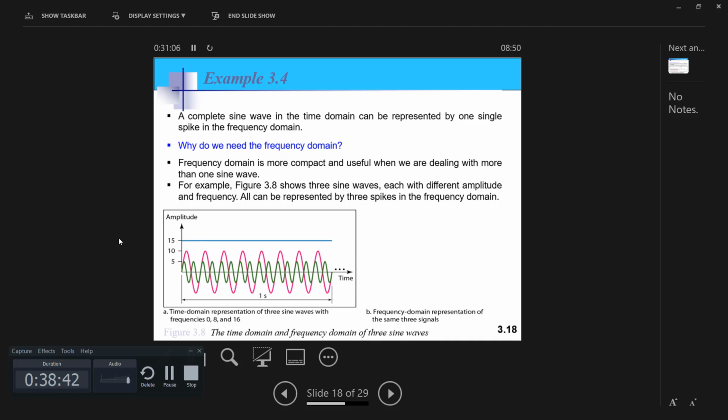exactly. No, it is below, here, 8 and 16. All this complicated figure will be represented by three values of frequency. We have 16 frequency with amplitude 5.